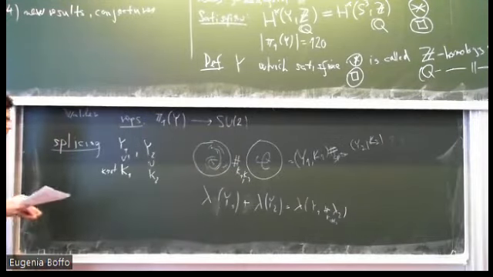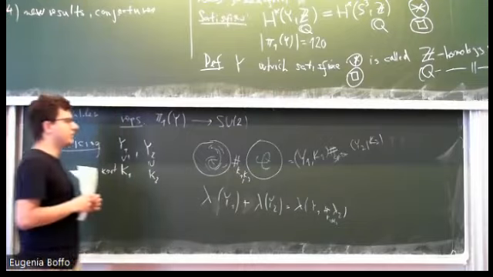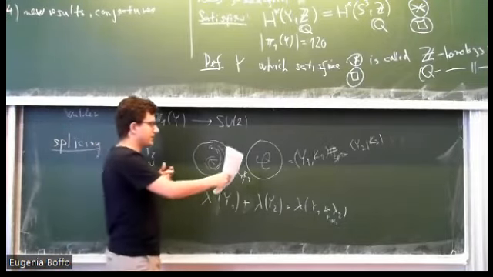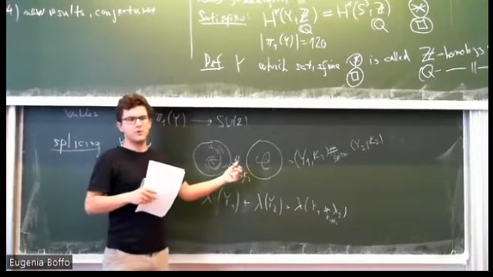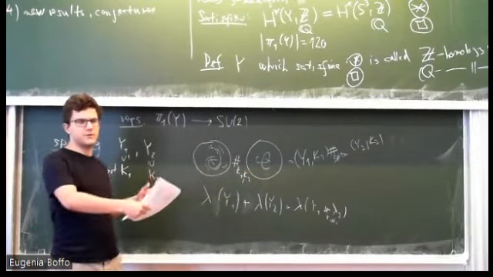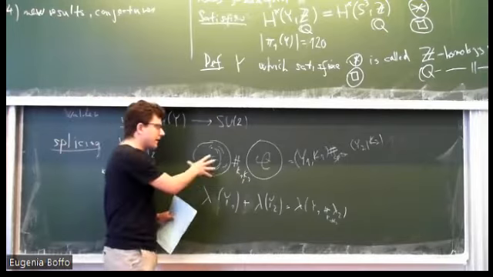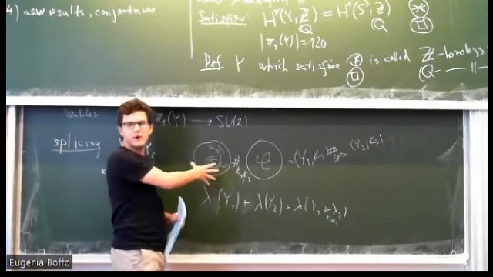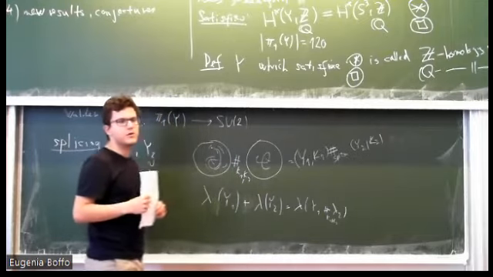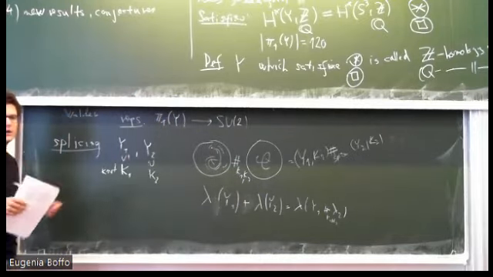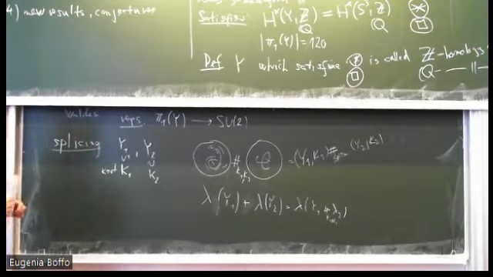Okay, this was splicing, and so we see that splicing gives us more complicated homology spheres out of simpler ones. This can get really complicated because we choose arbitrary knots here. So it's a very general construction which generalizes connected sum.